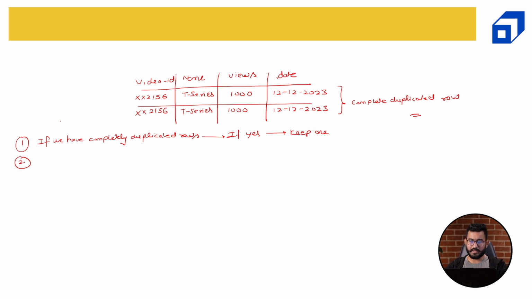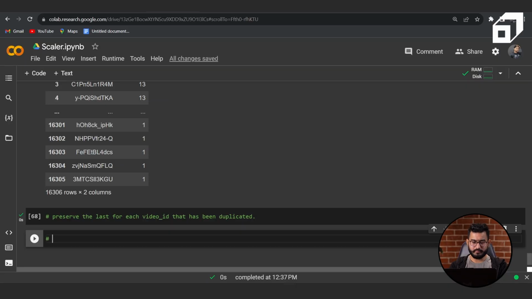Now the function that we are going to use is drop underscore duplicates. This is the function we are going to use. Now let's understand how we can use this function to tackle both problems. So we'll first remove completely duplicated rows.